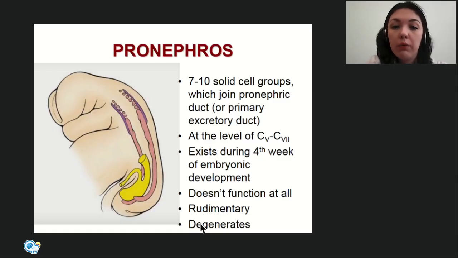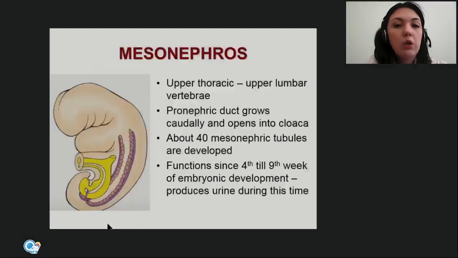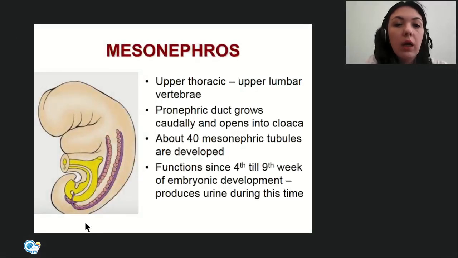With time, after the 4th week of embryonic development, it degenerates. After it degenerates, mesonephros is formed from the upper thoracic up to the upper lumbar vertebrae. So the pronephric duct, this primary excretory duct, grows caudally and opens into the cloaca.